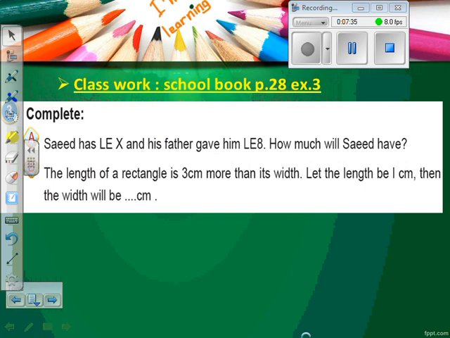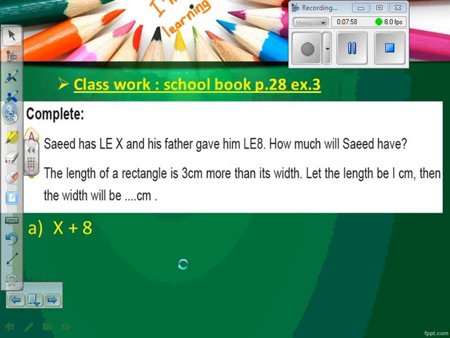Saeed has LE x. Okay, his father gave him LE 8. Give him means plus. Yes. So the answer will be x plus 8.